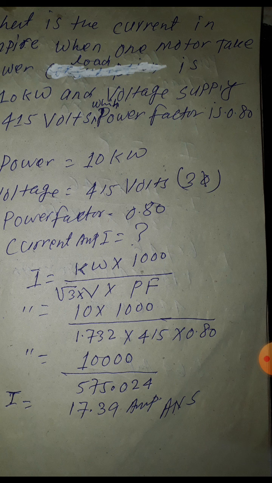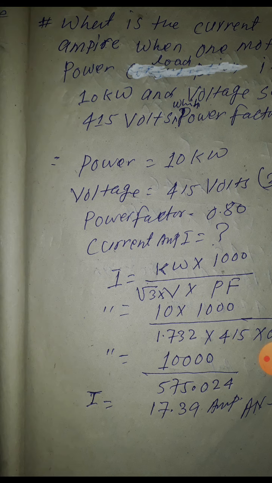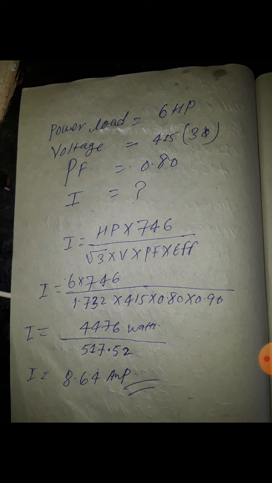So you use what is available, but not a lower one. Suppose the current is 17, we can use 20 but not 15 or 16. Okay, this is the system of converting power to current.